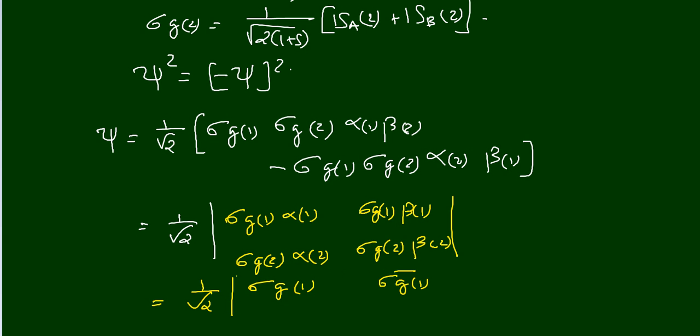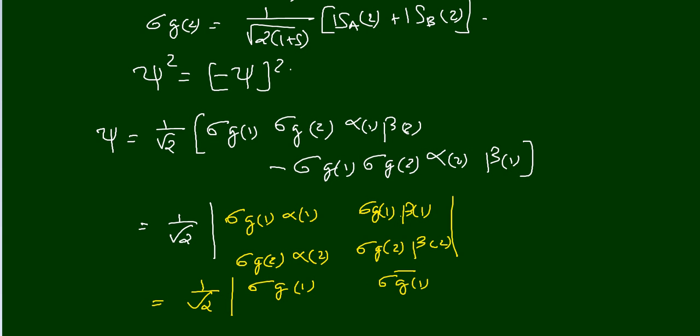So what is the meaning of sigma g1? Sigma g1 means sigma g1 alpha 1. Means if the electron has the alpha spin, I am just writing sigma g1. If I am writing sigma g1 here, it is obvious that that electron is having the alpha spin. That is why I am not specifying alpha 1 again.